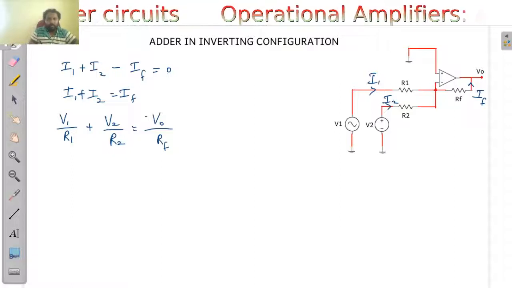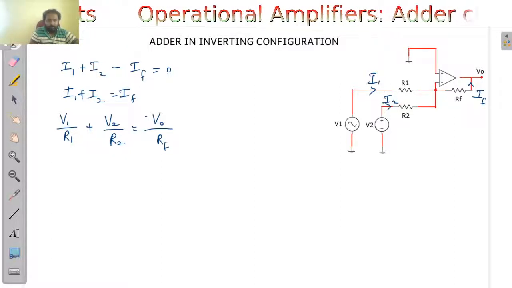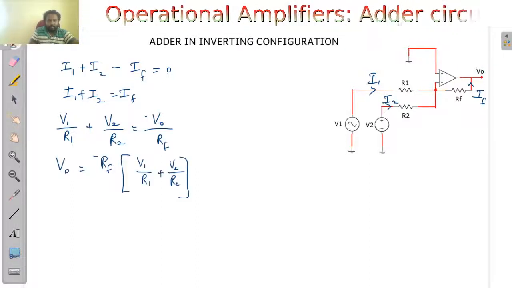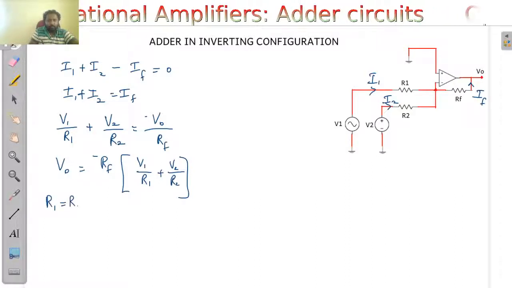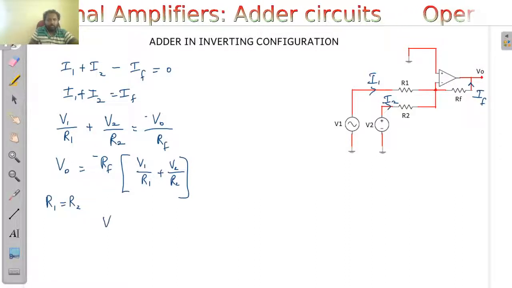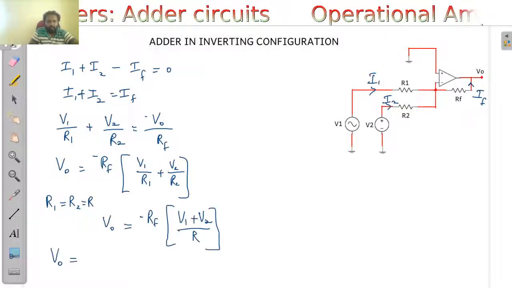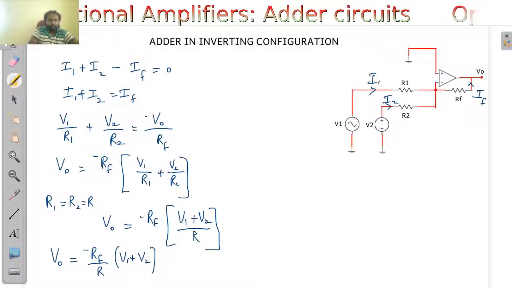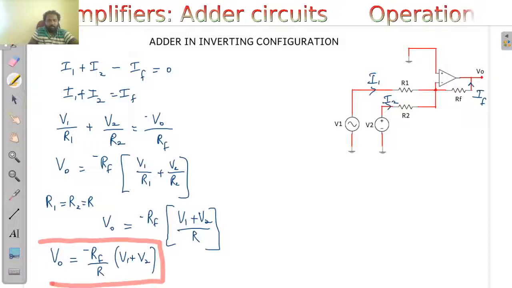Now, what is VO? VO can be written as VO equal to, and suppose your R1 is equal to R2, then VO must be equal to, this can be represented as, now you can see that this is somewhat like an inverting amplifier.